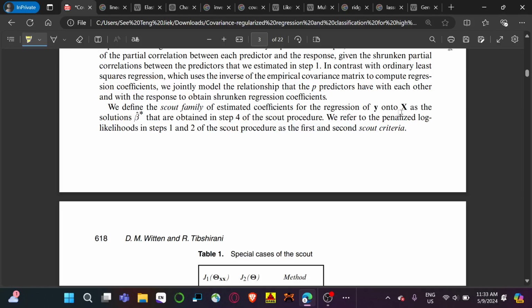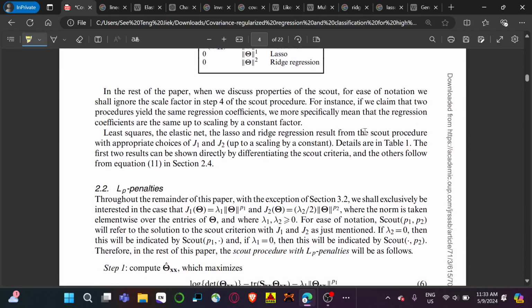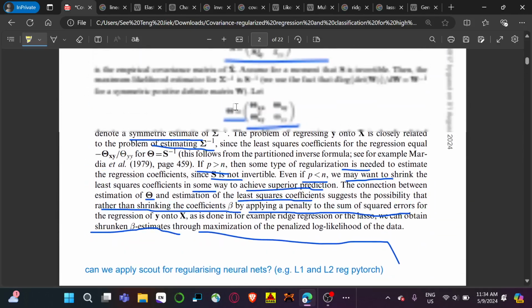We refer to the penalized likelihoods in step 1 and 2 of the scout method as the second scout criterion. For the rest of the paper, they will be covering how to do this exactly. And for step 4, they ignore the C term for brevity.